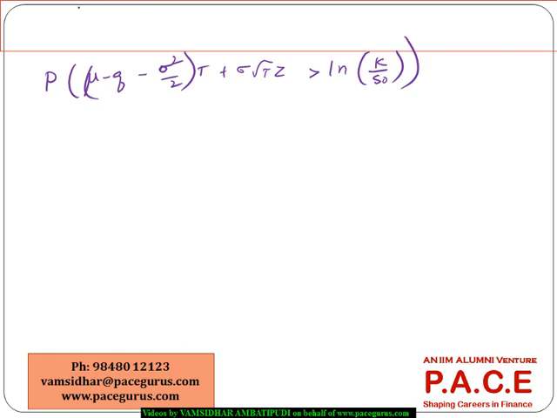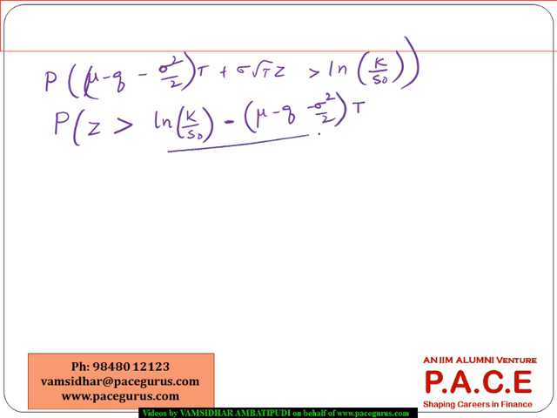This is what I need to find. Now from here I will try to find the probability of Z greater than... I'll go step by step. Z greater than log(K/S0) minus (mu minus q minus sigma squared by 2) times t, divided by sigma root t.